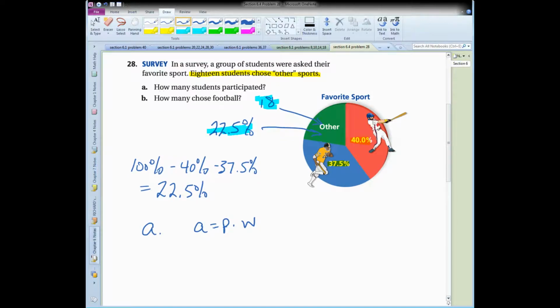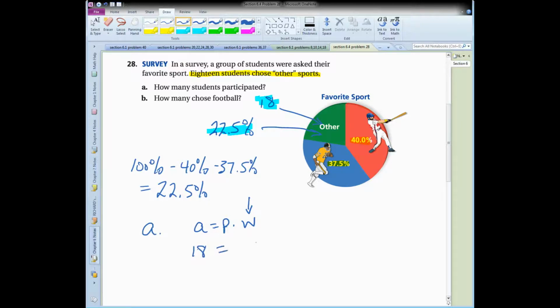I want the total number of students, so I must find the whole. I know that 18 students represent 22.5% of the whole, so 18 would be the part.